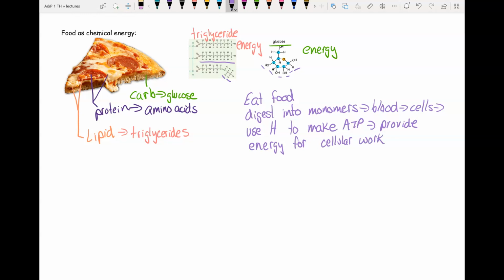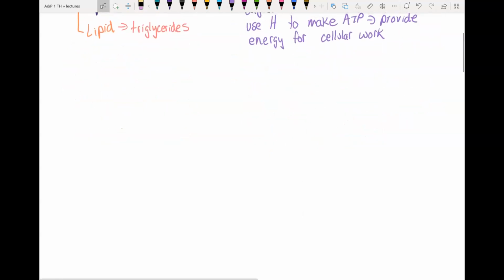So let's look at ATP now. ATP stands for adenosine triphosphate. So we have an adenosine. We're just going to put a big A here to represent the adenosine. Tri is 3, so we have 3 phosphates attached to it.